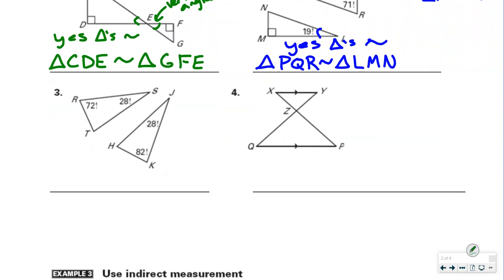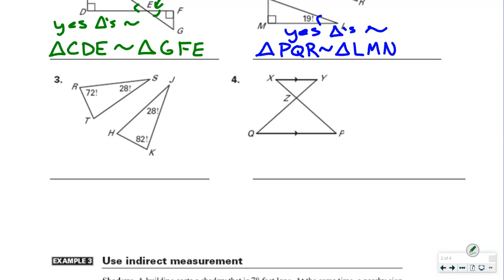Number 3, we can see that S and J are congruent. They're both 28. So we need to find out, just like we did with number 2, if our missing angles match up also. So 72 plus 28 plus angle T, set it equal to 180. 72 plus 28 is 100.